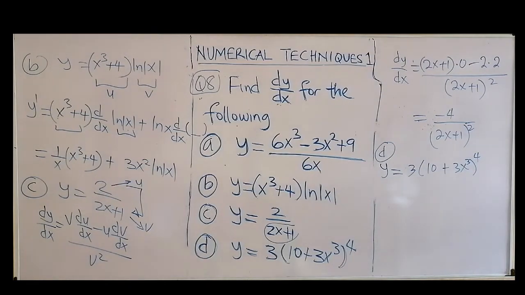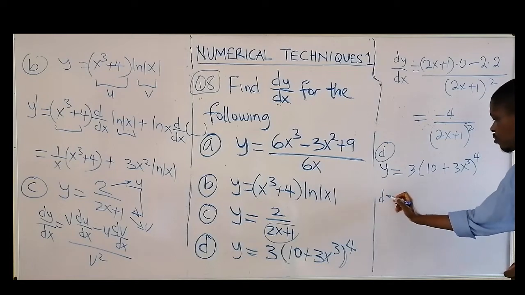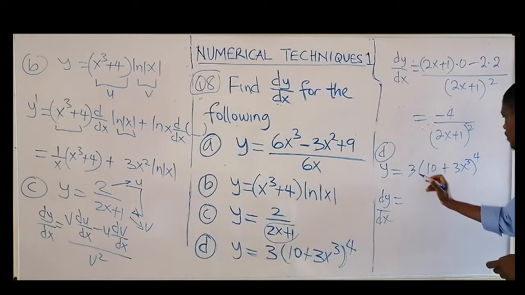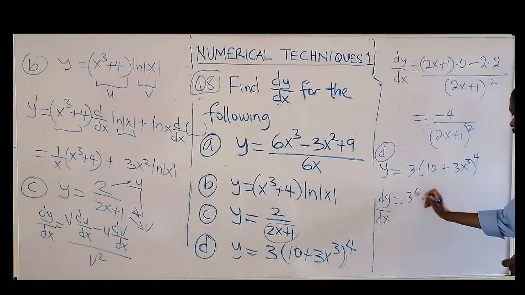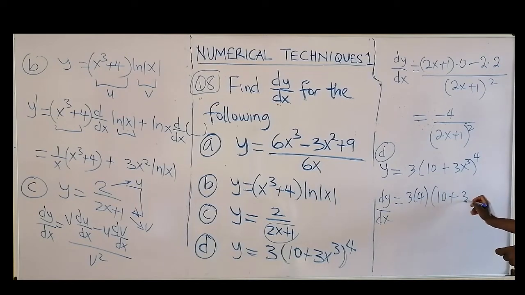This is the chain rule, whereby this power will come to the front. dy/dx will become 3 times 4, then the expression 10 plus 3x cubed, then the power minus 1, then times the derivative of the base. The derivative of 10 is 0, and the derivative of 3x cubed will be 9x squared.